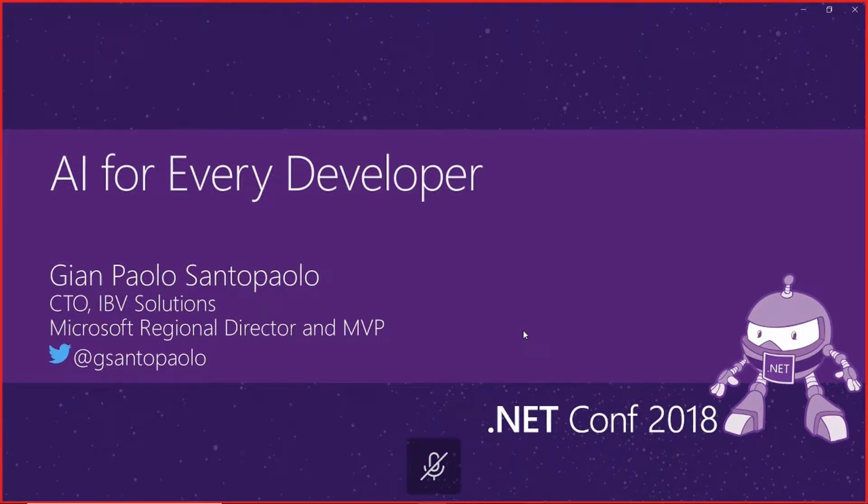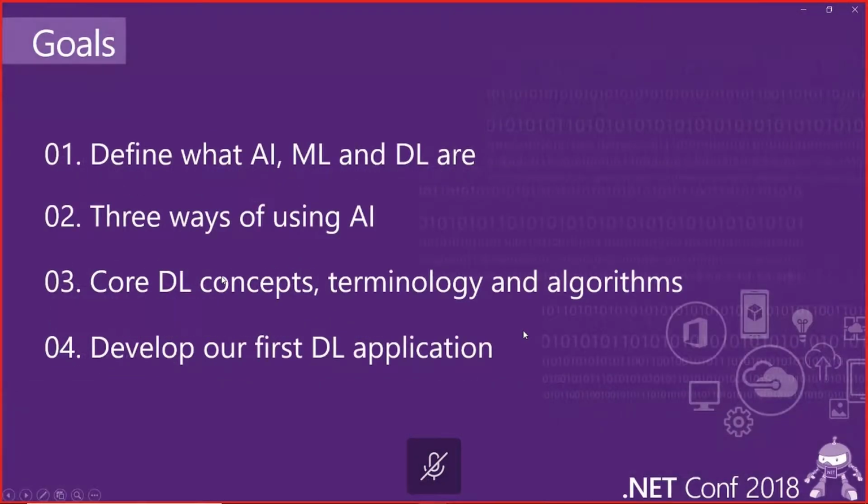So let's dig into the slides and start talking about this course, because we have a lot to talk about and not that much time. About this course, the takeaway is that at the end of the course you will understand what artificial intelligence is, defined in the context of science, what machine learning is, and also what deep learning is.